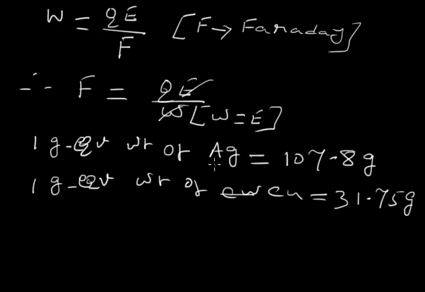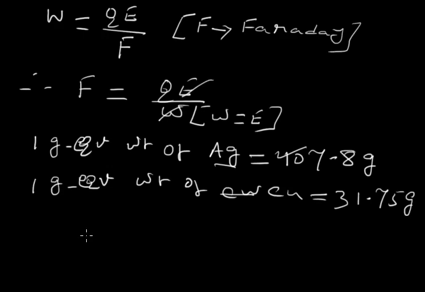And for silver, the atomic weight is 107.8 and its valency is 1. So the equivalent weight is 107.8 divided by 1, that is 107.8. Now, the interesting point is that if we want to deposit 107.8 gram silver at the cathode, we require 1 Faraday of electricity.